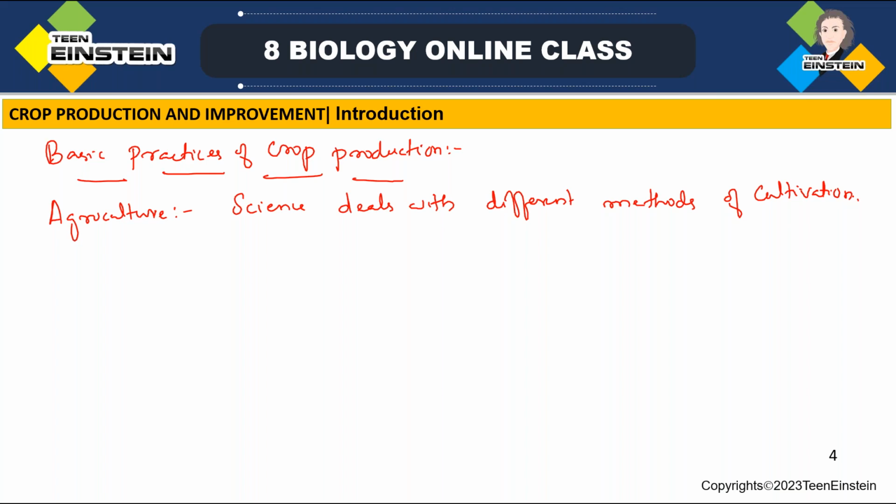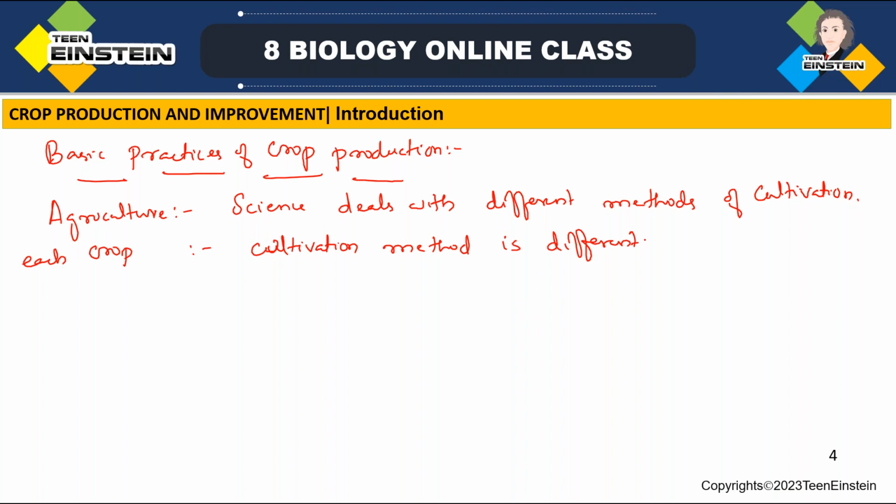See, why are we saying like that? We know that different processes or methods are used for each and every plant, right? Or each and every crop. So for each crop, the cultivation method varies, right?